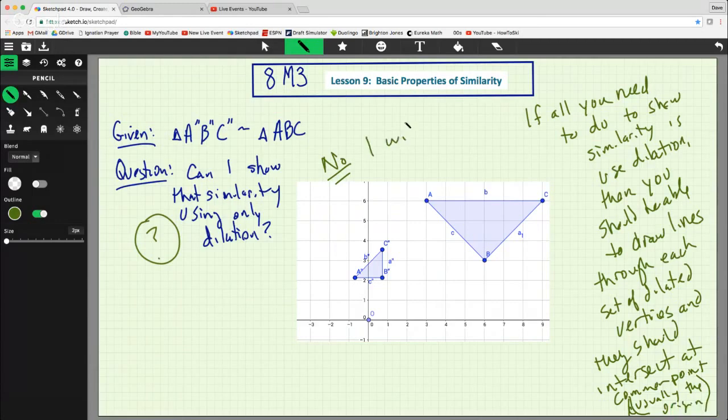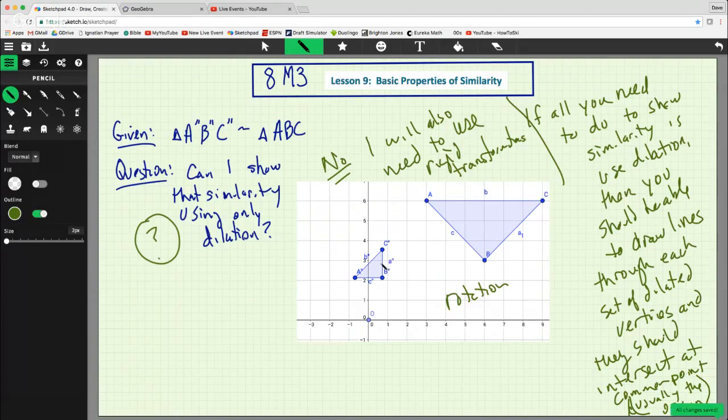I will also need to use rigid transformations. And probably you're going to need to use rotation. It's clear to me that you're going to need to twist this guy like this to orient it like this one.